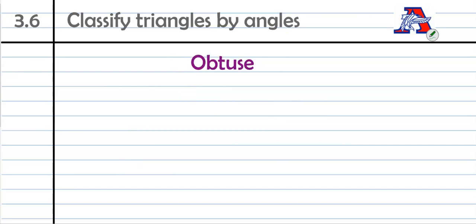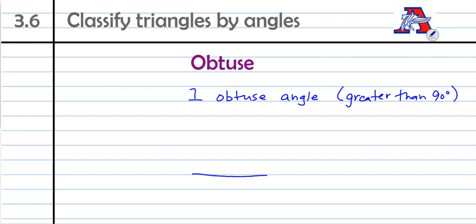And then lastly, obtuse. An obtuse triangle is going to have one obtuse angle. It's not all obtuse angles, it's just one obtuse angle. And obtuse angles are obviously the ones that are greater than 90 degrees. It would be impossible to have a triangle with a whole bunch of obtuse angles, so we just need the one.